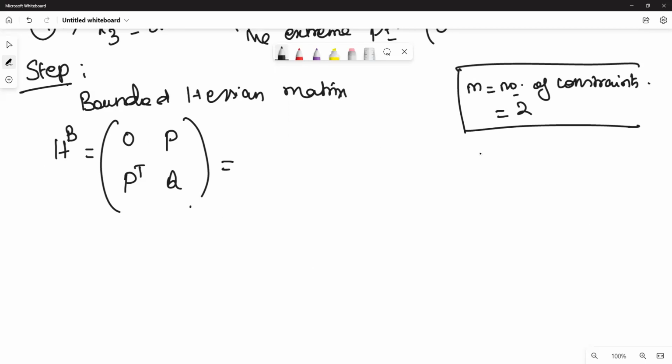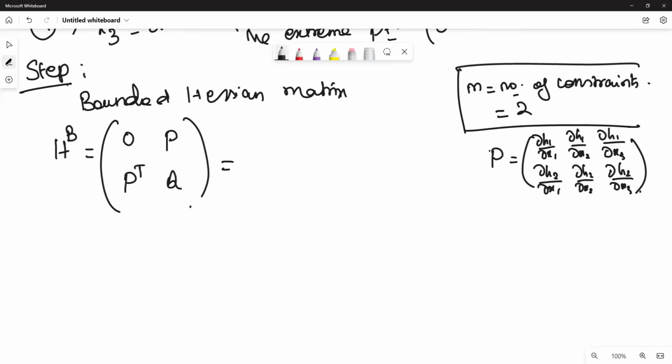Then what is P? If you have two constraints H1, H2, then the first row is for H1 and the second row for H2. So dou H1 by dou X1, dou H1 by dou X2, dou H1 by dou X3. Second row for H2: dou H2 by dou X1, dou H2 by dou X2, dou H2 by dou X3.